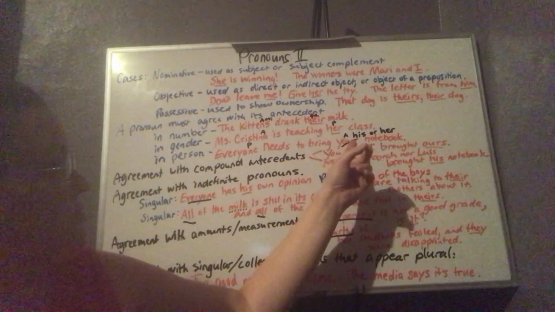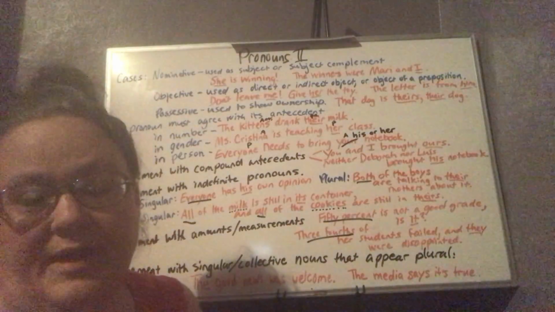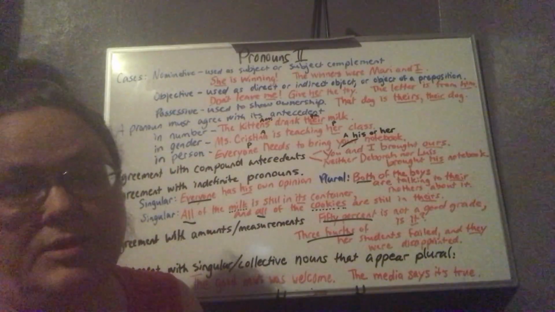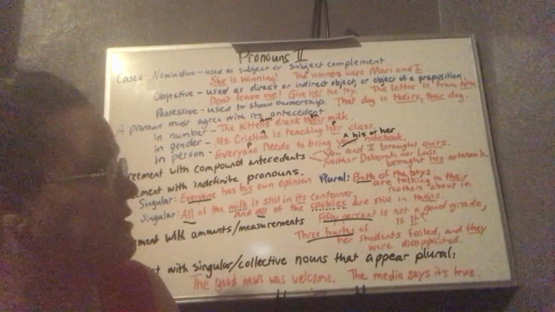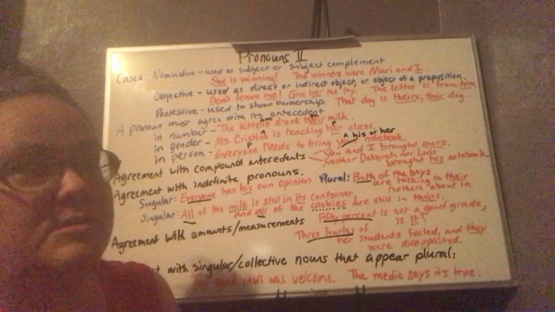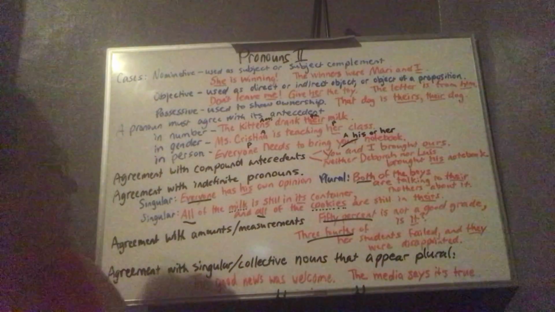So anyway, I changed this one to his or her. If everybody in the group is a guy, then we could use his. We don't have a pronoun in English that is singular for when you don't know whether the person is a male or a female, so we use his or her.